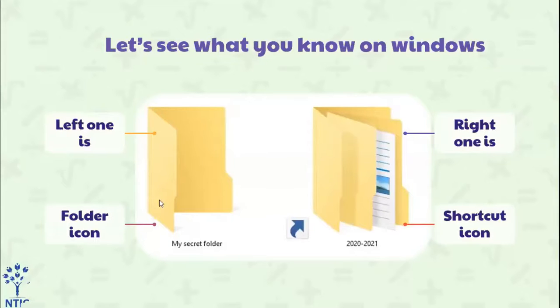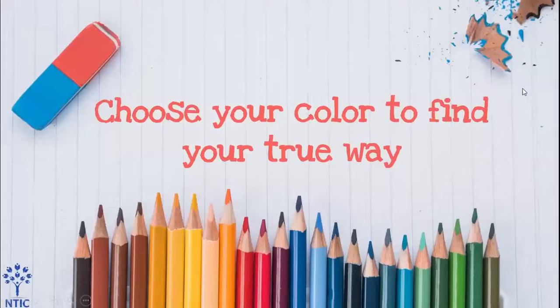And if there is no arrow icon with the folder, we are saying folder icon like this. If you see that, it means this is shortcut. When you click this folder, it will go to the original folder place, okay, and it will select inside. Let's continue to the next slide.